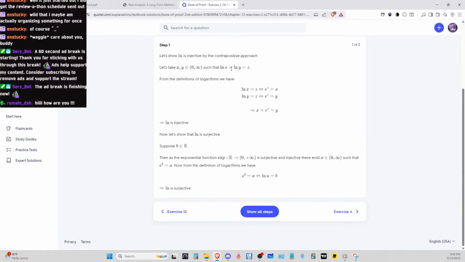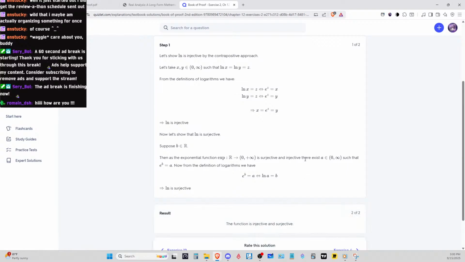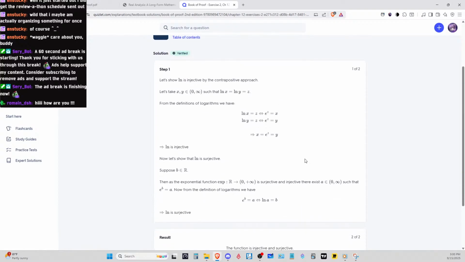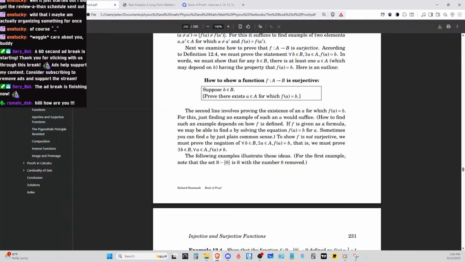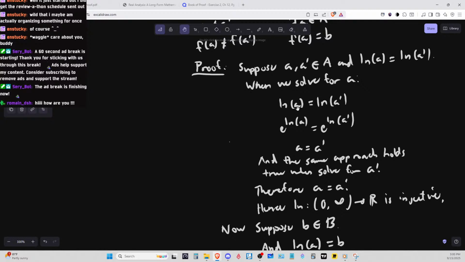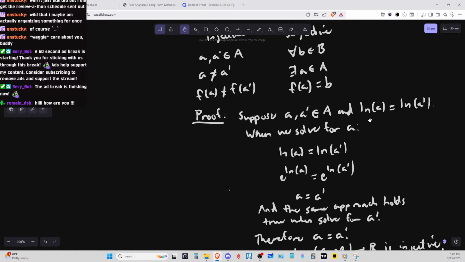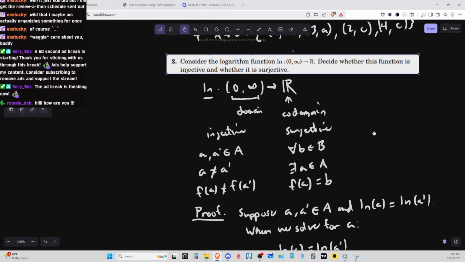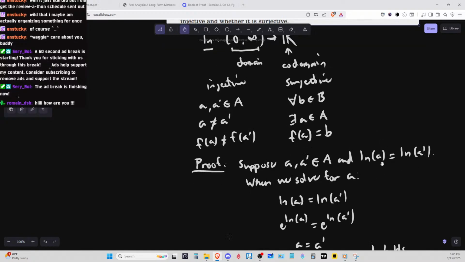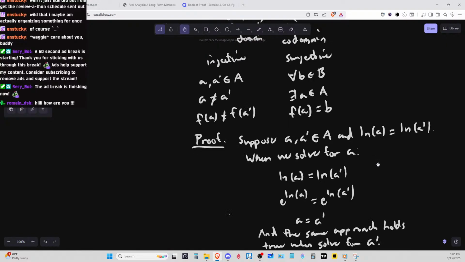Let's take that they used was... I think I just basically tried to take what I have here, because I tried to do it the way they did in the book.